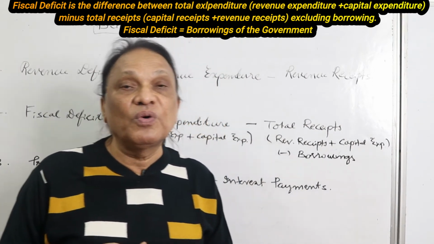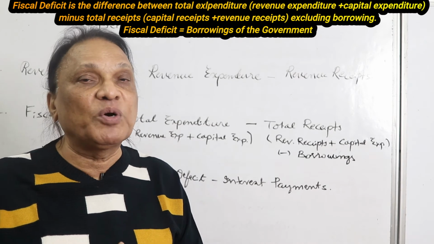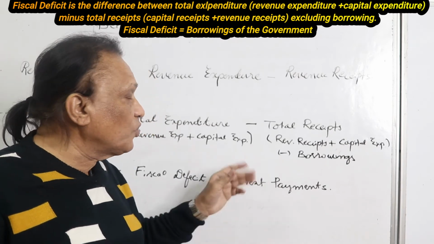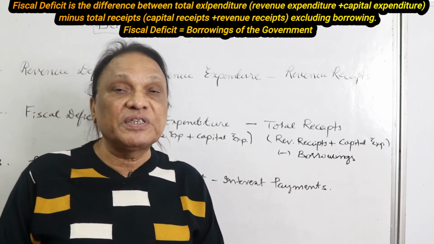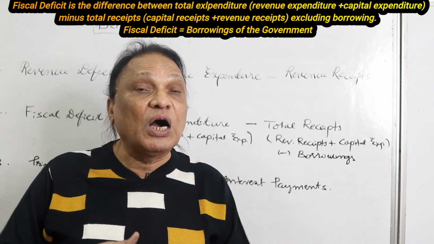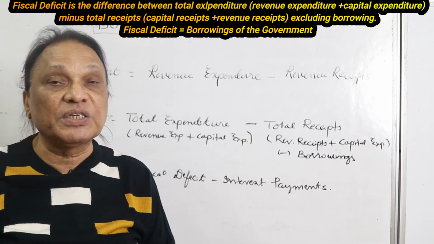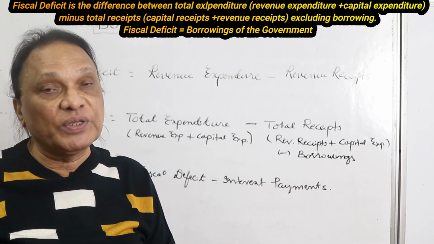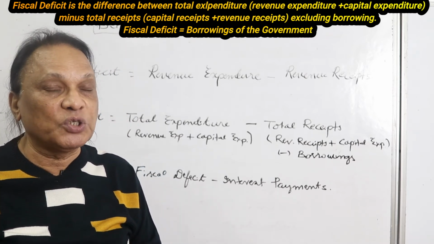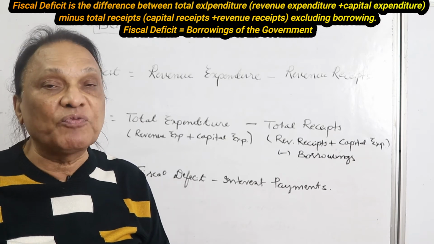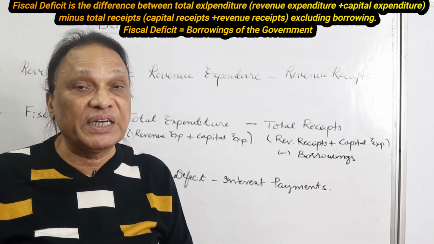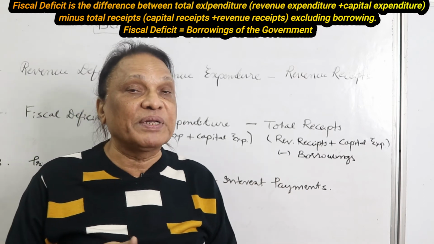Now if you want a brief idea about the implications, fiscal deficit shows how far the government is living beyond its means. The government is spending a great deal, and that is leading to fiscal deficit. That means we have to borrow from the World Bank, from the International Monetary Fund, and from other countries.